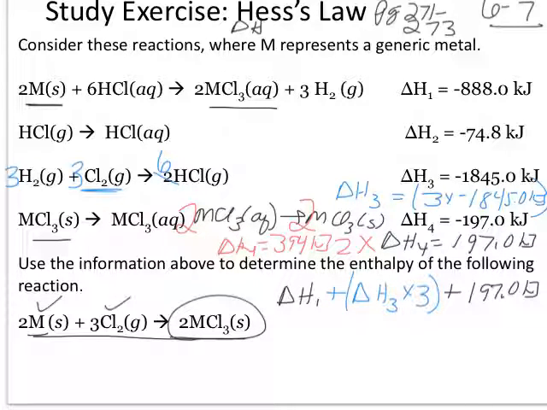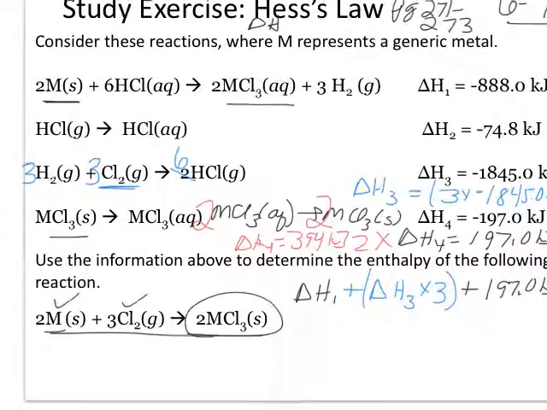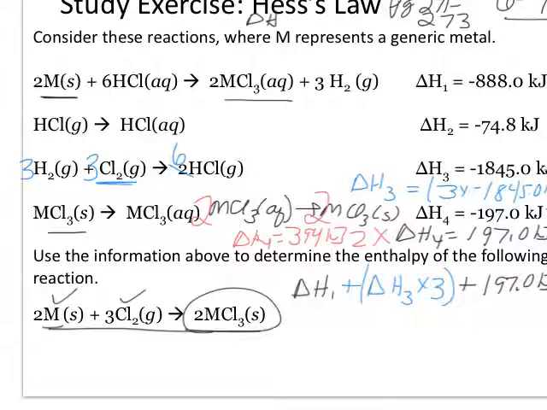So now what I'm going to do is look at these equations, and I should be good. We'll see. I have to cross out, and hopefully everything cancels out. Everything needs to cancel out. So I'm going to start canceling and crossing out things.